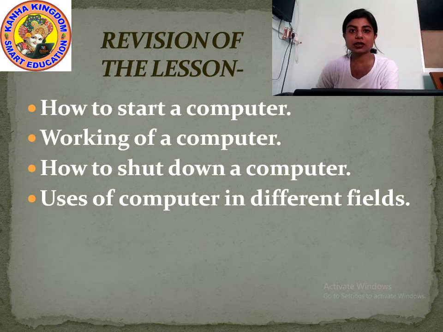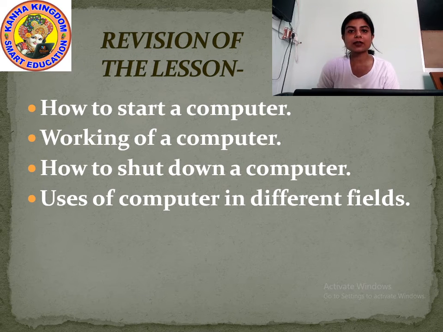The instructions or the commands that we feed into the computer are called input. And what are the devices used to give the input to a computer? It is keyboard and mouse. With the help of keyboard and mouse, we can give input inside the computer.